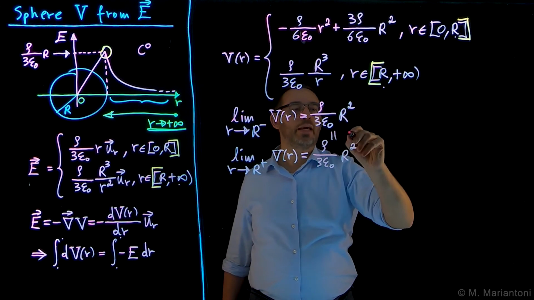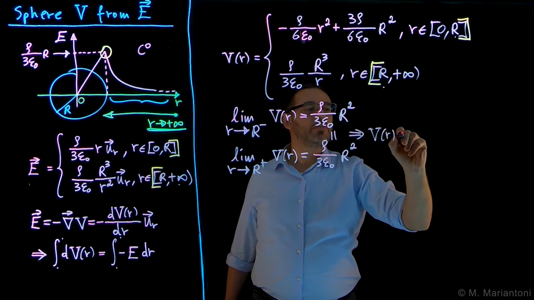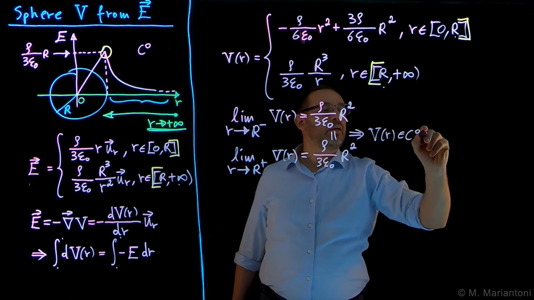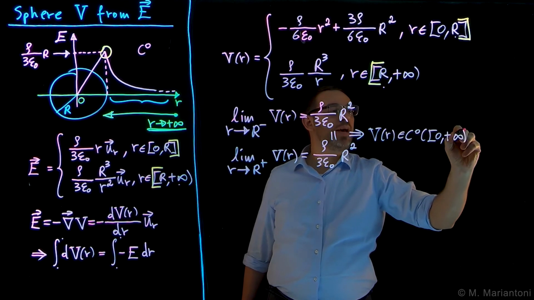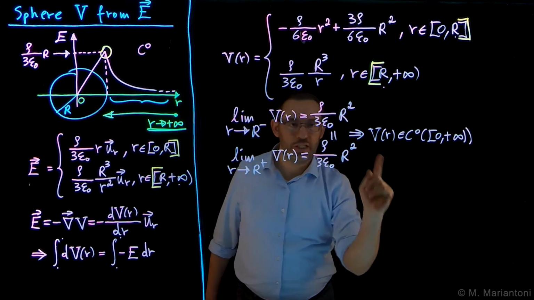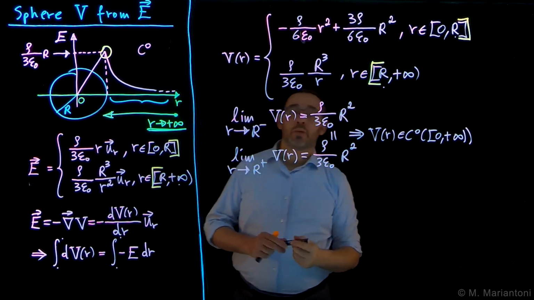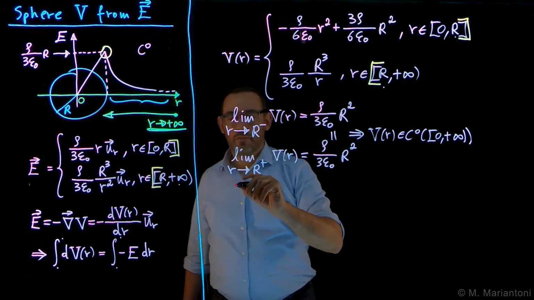These two quantities are the same, which means v of r is a continuous function, C naught, in the region from 0 to plus infinity, again as expected, because we know that the electrostatic potential always has to be continuous.